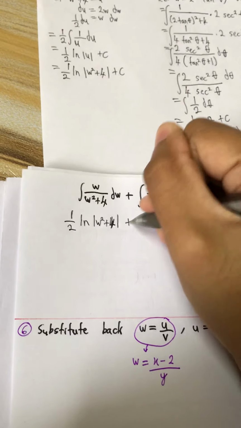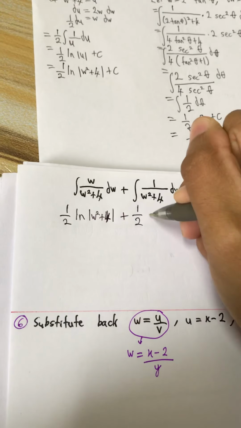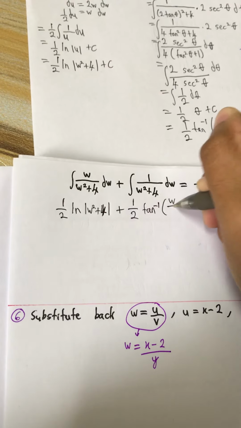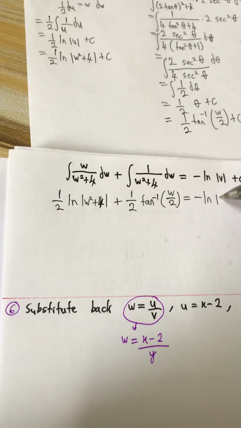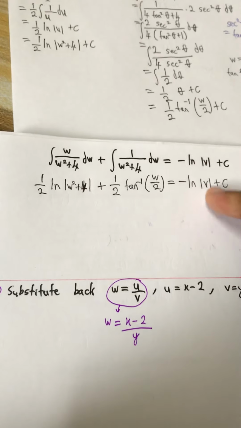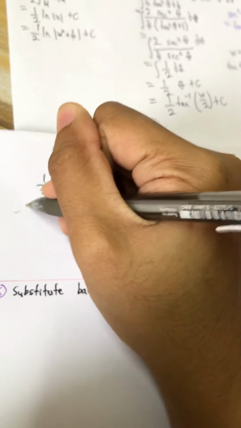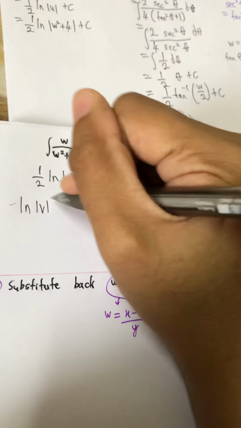Then the second part we get 1/2 tan⁻¹(w/2), and then equal to ln v + c. So we just move ln v into the left side to arrange it.